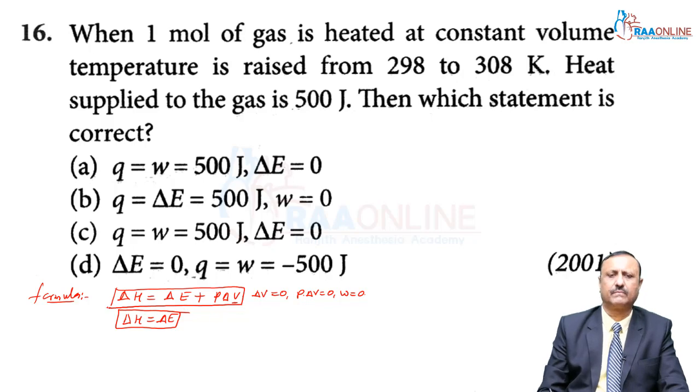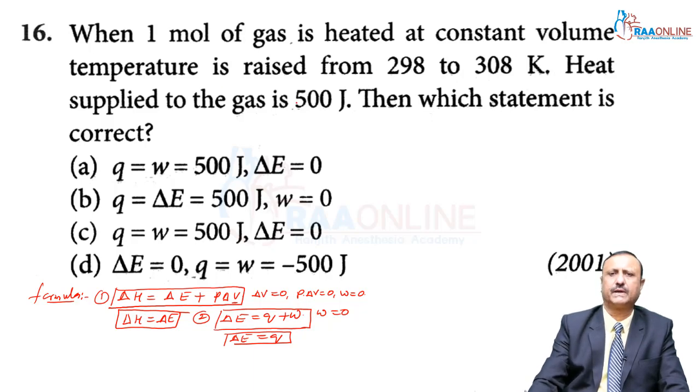Now my dear students, the second formula is our first law of thermodynamics. Delta E is equal to Q plus W. Now here we can see W is equal to 0. When W is equal to 0 at constant volume, delta E is equal to QV. And here, heat supplied to the gas is 500 Joule at constant volume.